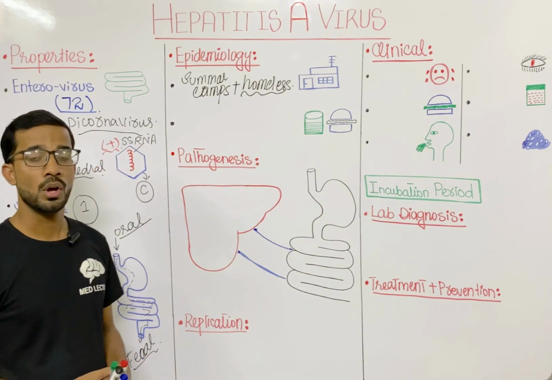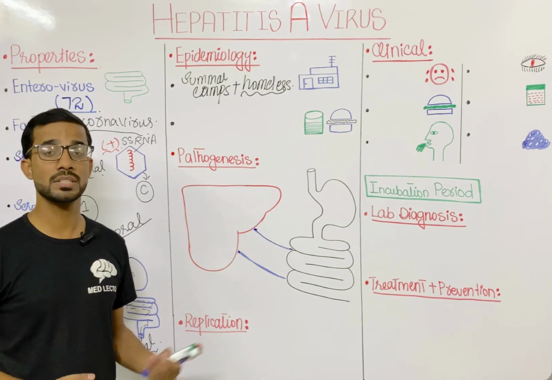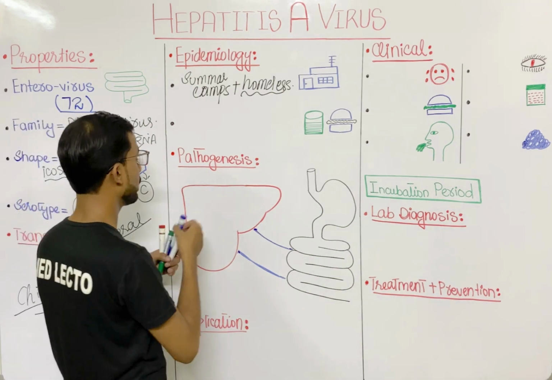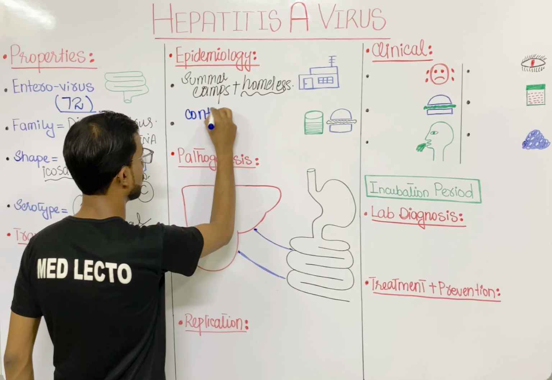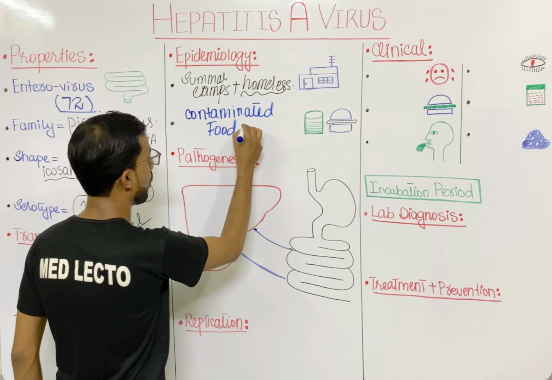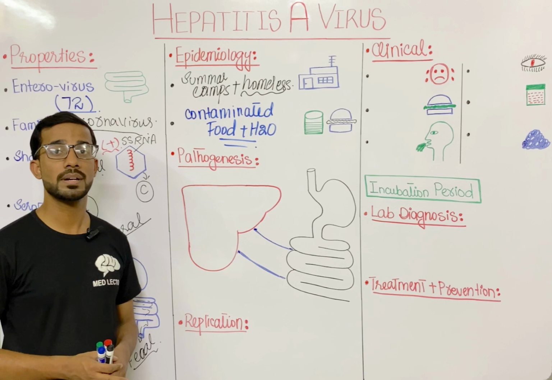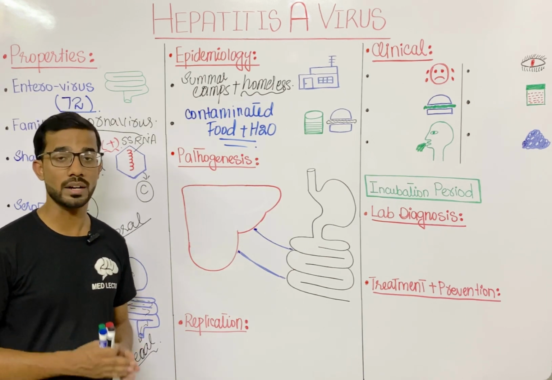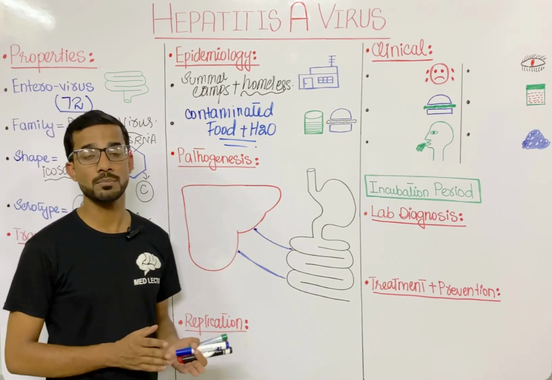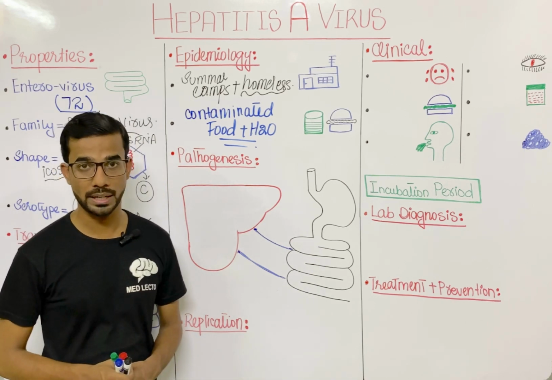Okay, and next, food or water contaminated with the feces of hepatitis A virus persons. So that's the most important thing. An important thing which you have to remember is that the hepatitis A virus starts secreting into the feces of the patient 2 weeks before the symptoms of the hepatitis A virus.